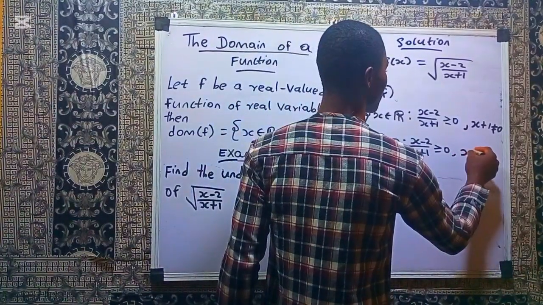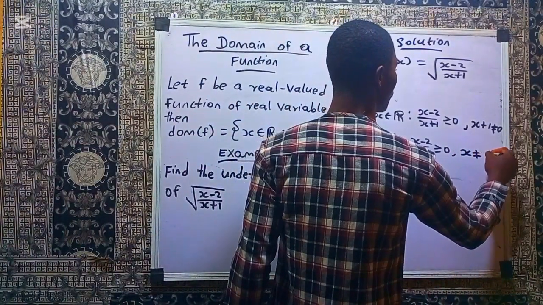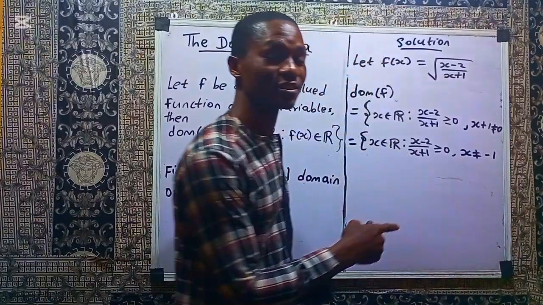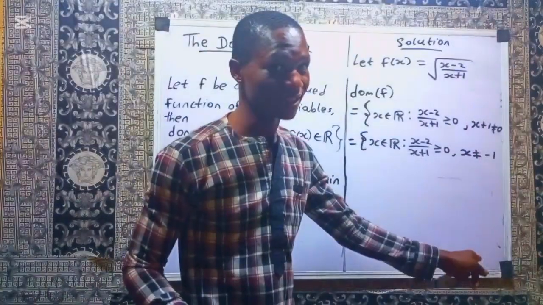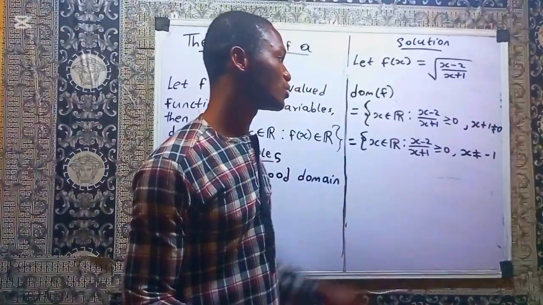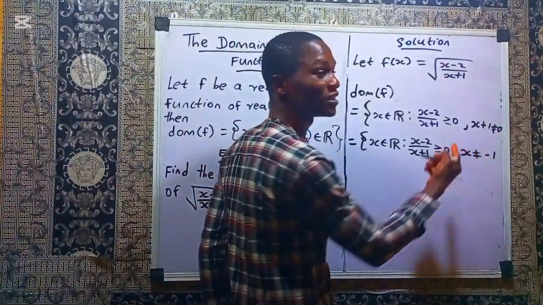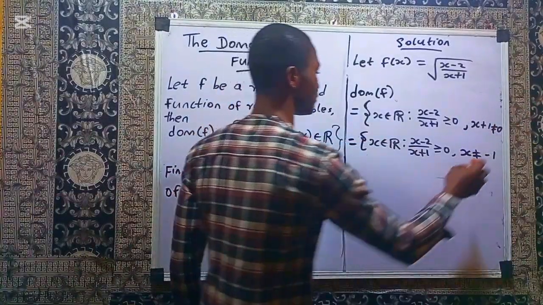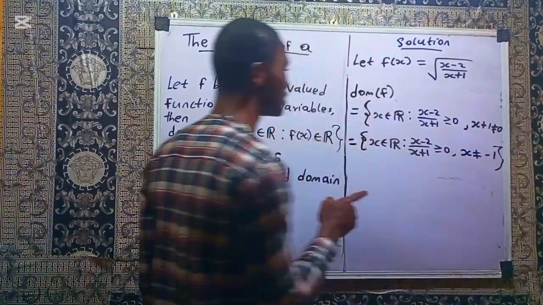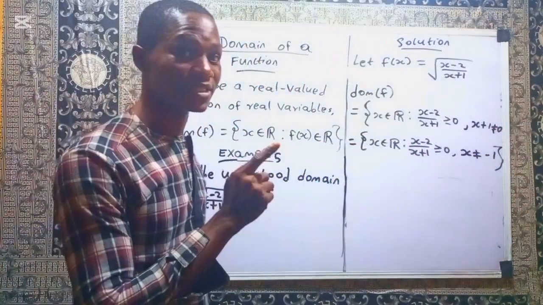So x should not be equal to negative 1. I put x equal to negative 1 and cancel it. It means that it should not be equal to negative 1. And you understood how we got negative 1? By moving this positive 1 to the right, changing to negative. So we have gotten 1 point that should not be inside the domain.